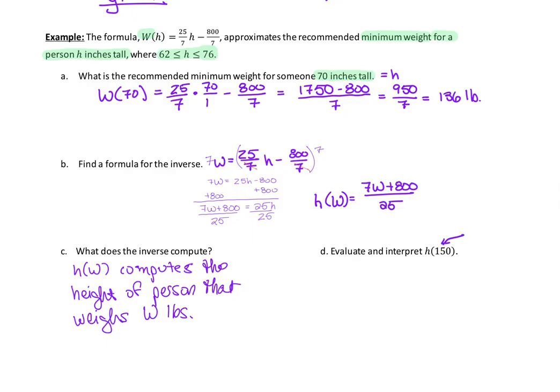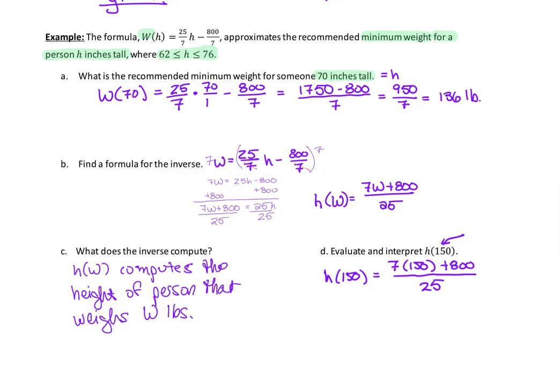We're going to evaluate h of 150. We have our h formula. And so if we plug this in, we have h of 150 equals (7 times 150 plus 800) divided by 25.